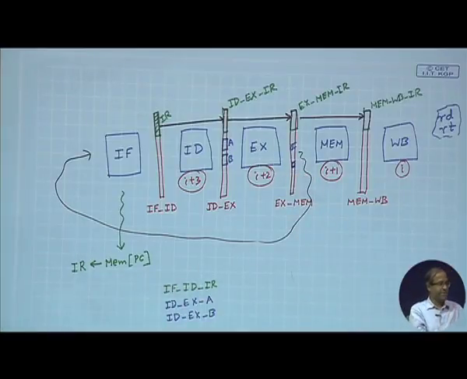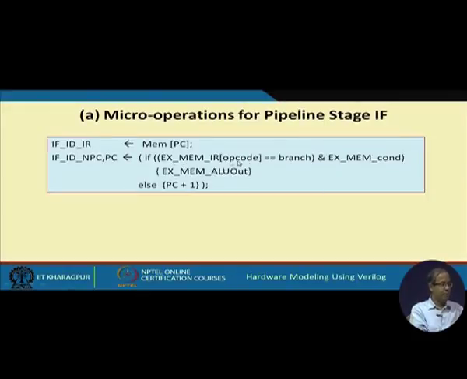So, if EXMEM opcode is branch and EXMEM's branch condition was true, then the branch target address you have calculated in EXMEM ALU out will be assigned both to IFID NPC and also to PC. Else, if it is not a branch or the branch condition is not true, then simply PC plus 1 will be assigned to these two.